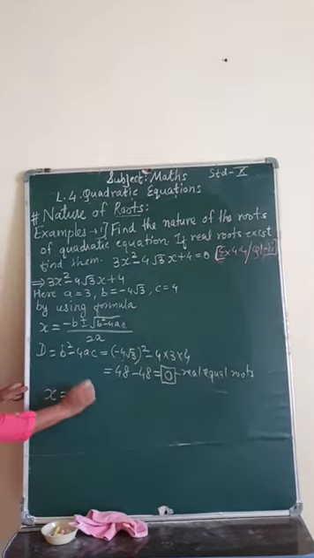That gives us 4 root 3 upon 6. If we cancel, we get the roots as 2 root 3 upon 3 or 2 root 3 upon 3. Equal roots, as we have stated.